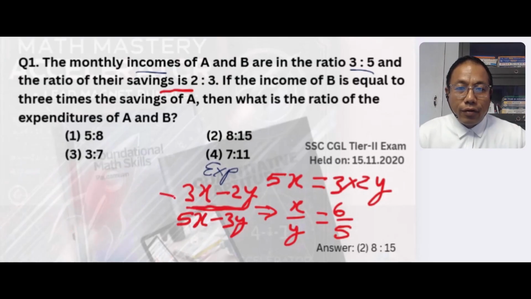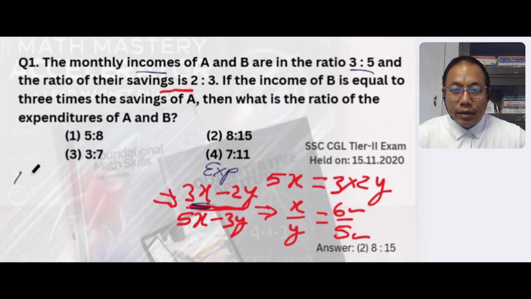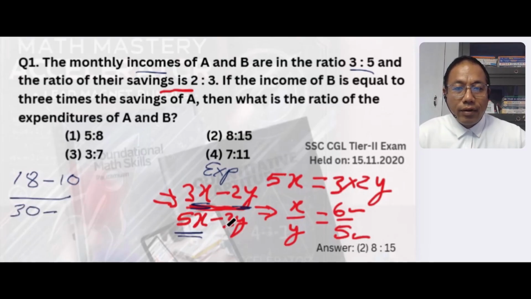Let's substitute the values of x and y here. Take x equal to 6 and y equal to 5. 3 into 6 is 18, minus 2y, 5 into 2 is 10, by 5x, x is 6, 5 sixes are 30, minus 3y, y is 5, 3 fives are 15. 18 minus 10 is 8. 30 minus 15 is 15.